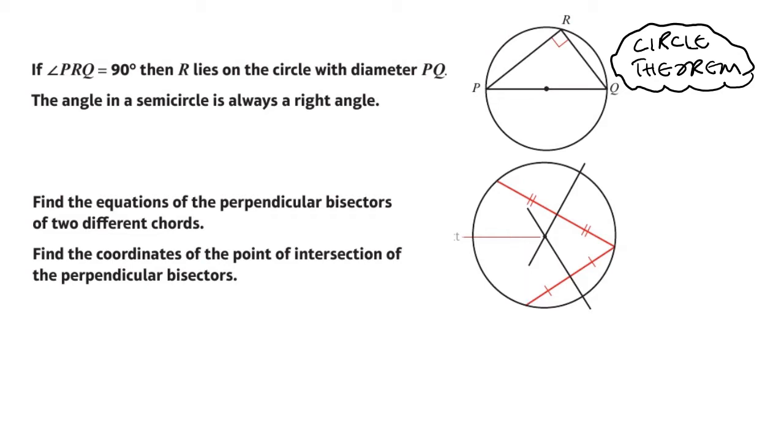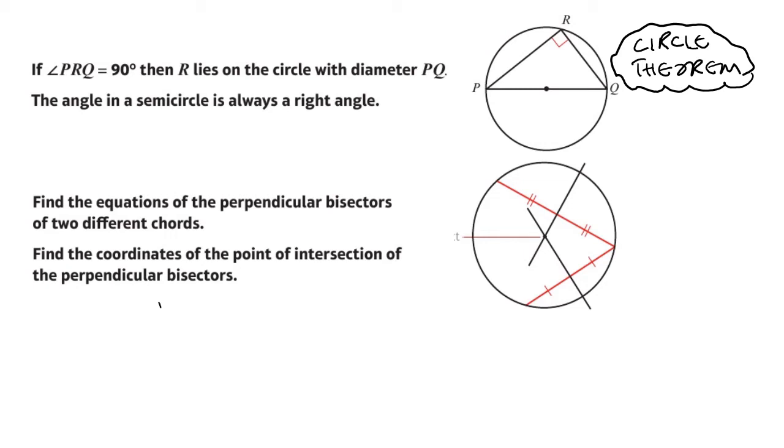But if we get rid of that and we've got these two chords, then the perpendicular bisectors of these two chords pass through the center. And in fact, the perpendicular bisector of any two chords of a circle will pass through the center of a circle.